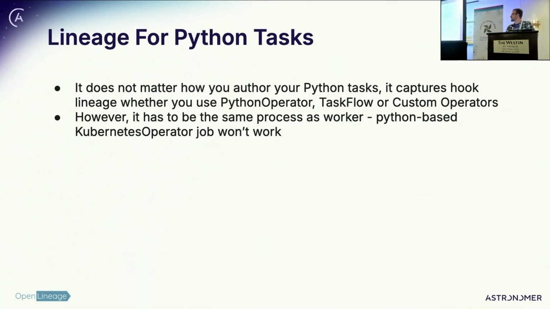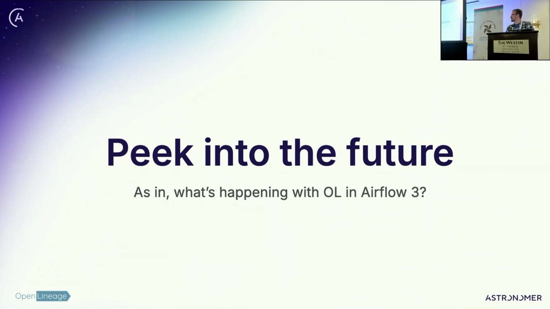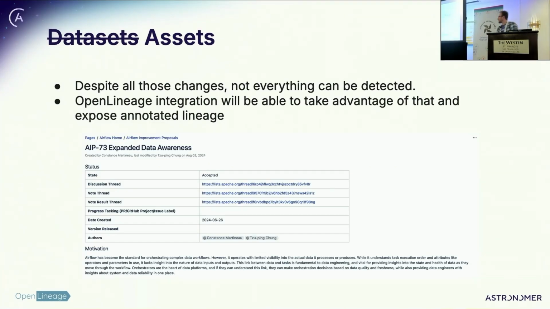So let's take maybe a peek into the future. What we will do in Airflow 3. One thing is that we talk about datasets, Airflow datasets, and this will change. Basically, these will be assets now. We, as OpenLineage, will try with this change to address one pretty useful case: not everything can be detected with hooks, because maybe you have your own hook, it's not instrumented, or there's no instrumentation yet.